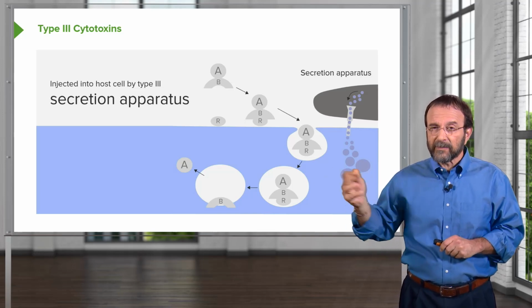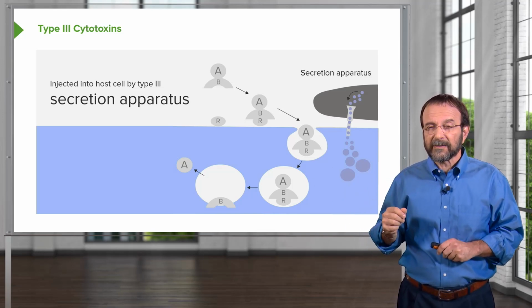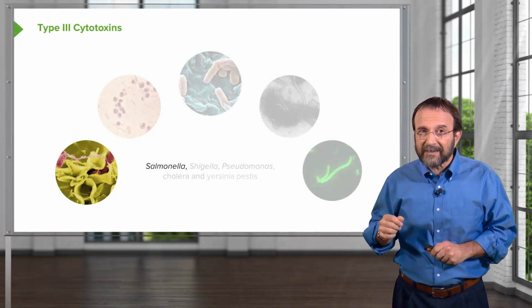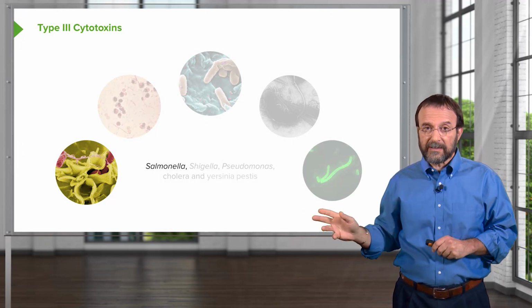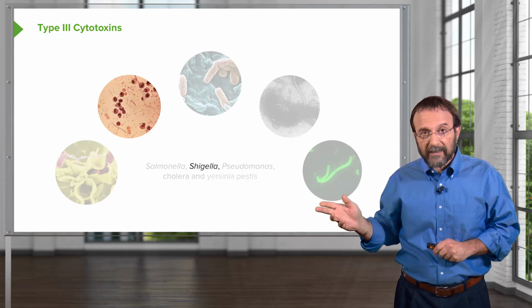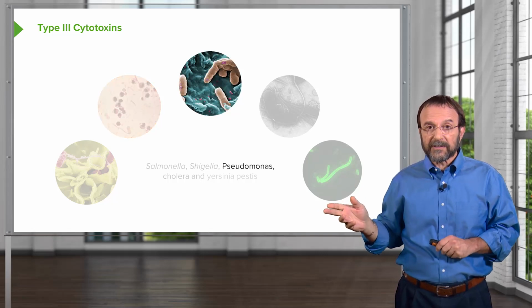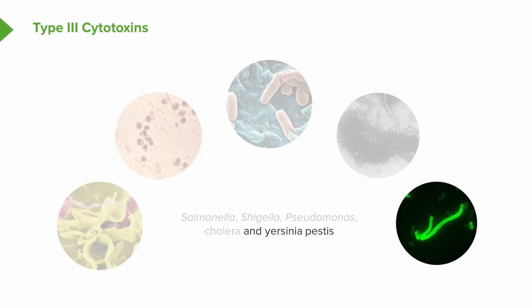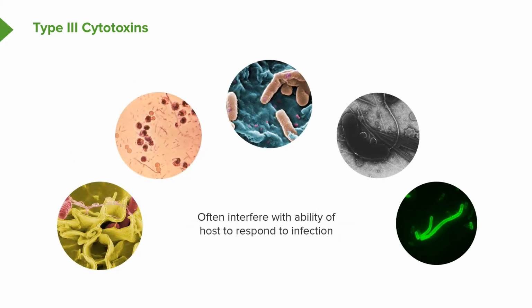And these have their own ways of altering the biochemistry of the cell to cause pathology. Type 3 cytotoxins are found in a wide range of bacteria, for example, Salmonella, Shigella, Pseudomonas, cholera, and the plague bacilli all produce type 3 toxins of various sorts, and we'll mention a few of these and how they work in a few moments.